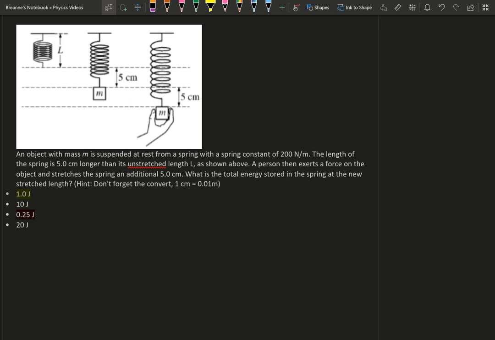So we're looking for the total energy stored in the spring. So we're just looking at our spring energy, which is 1/2 k x squared. It gives us our spring constant right there, so that is our k. And then the total is the total energy stored.